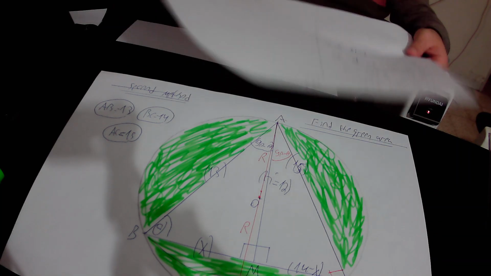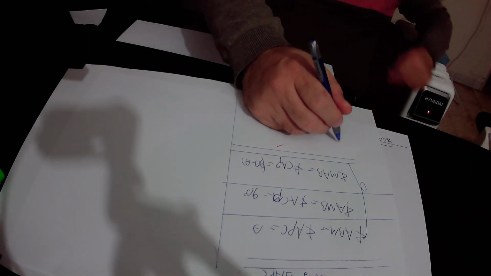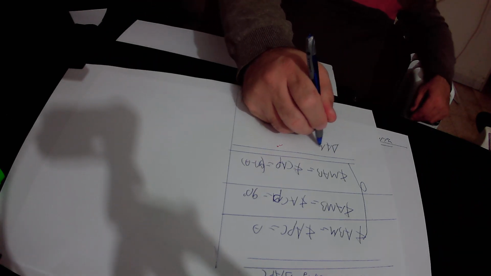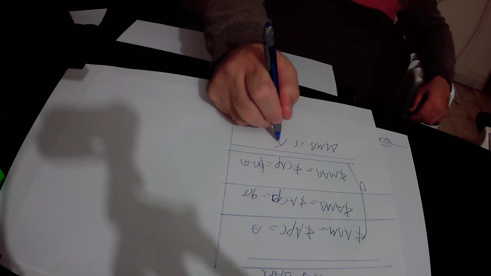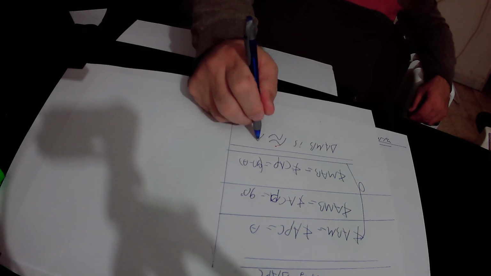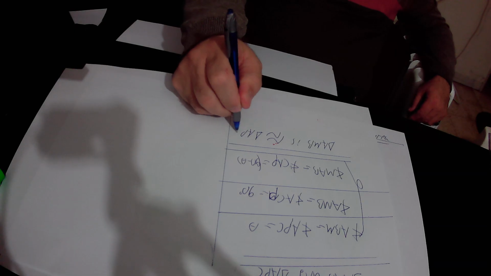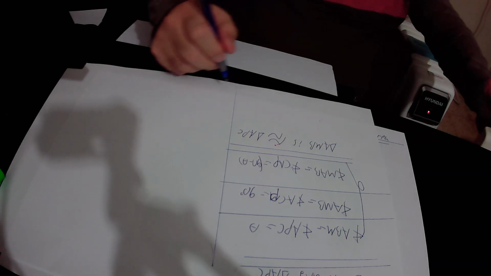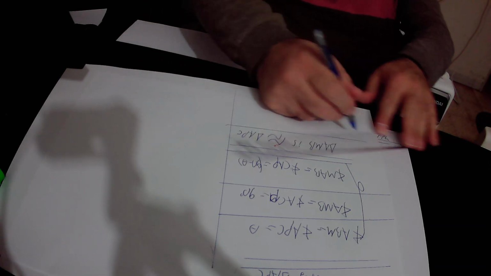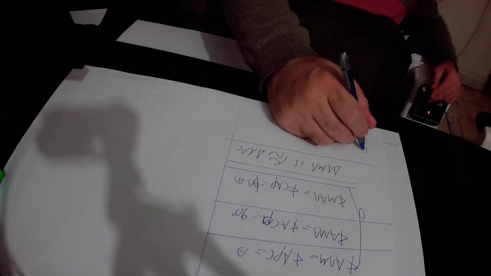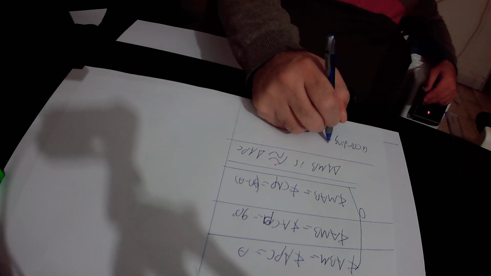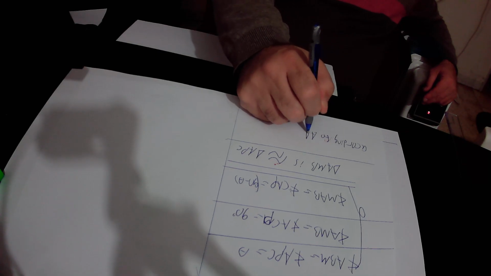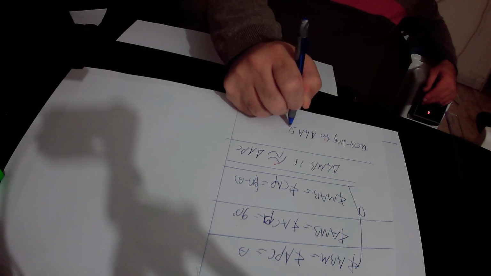Right triangle AMB is similar, this is the sign of similar, to the right triangle APC according to angle similarity rule.